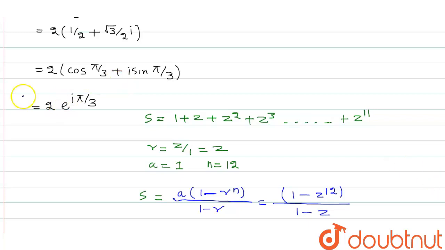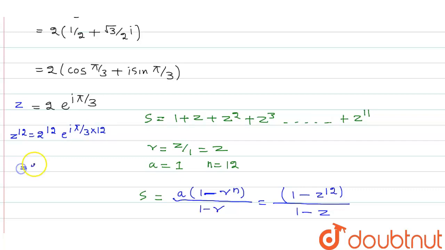Now you know z = 2e^(iπ/3). So z¹² = 2¹² · e^(iπ/3 · 12).